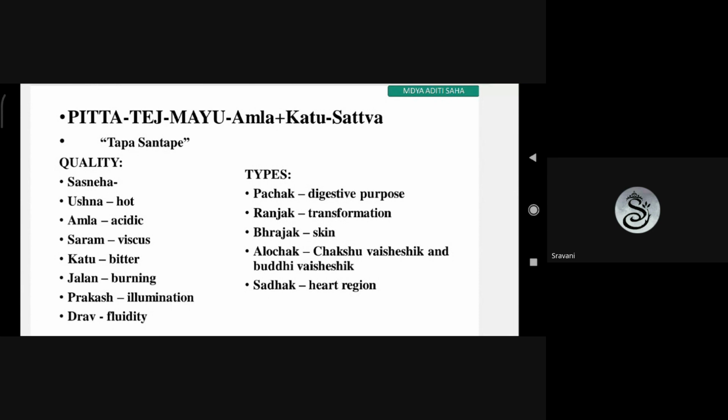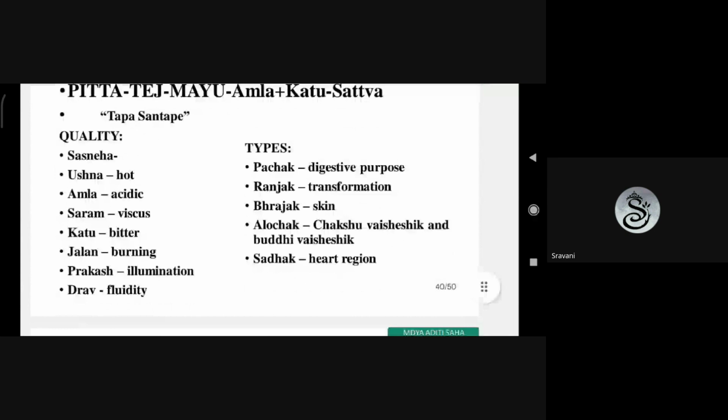Okay. So, Pachak Pitta, we can find it in the abdominal region, helps in digestion. Ranjak Pitta helps in transformation of substances in the body that we can find in our blood. Bhrajak Pitta that we find in our skin. Alochak Pitta.